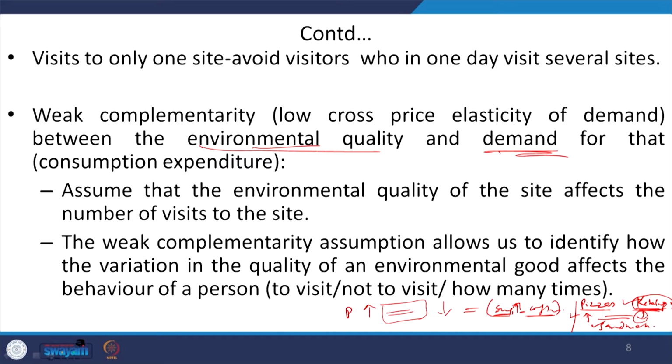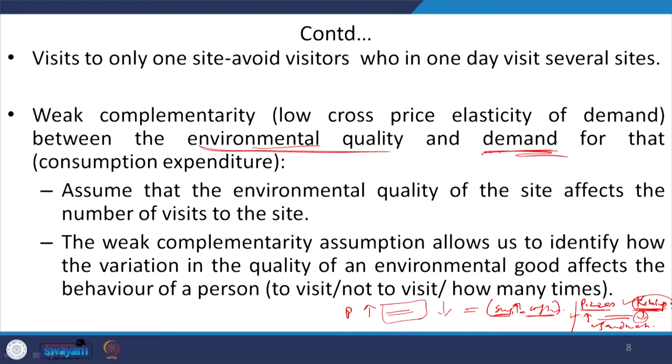Likewise, in this case of environmental quality and demand, we are assuming a weak complementarity, not a very high cross price elasticity of demand. So, we can assume that the environmental quality of the site can affect the number of visits to the site, but not very strongly.